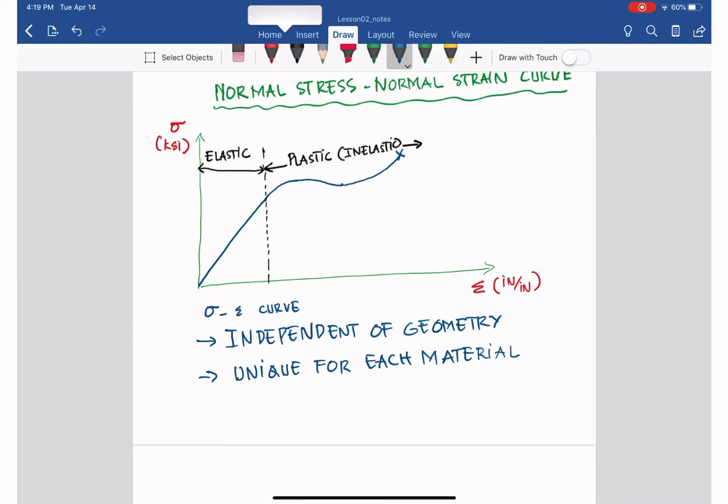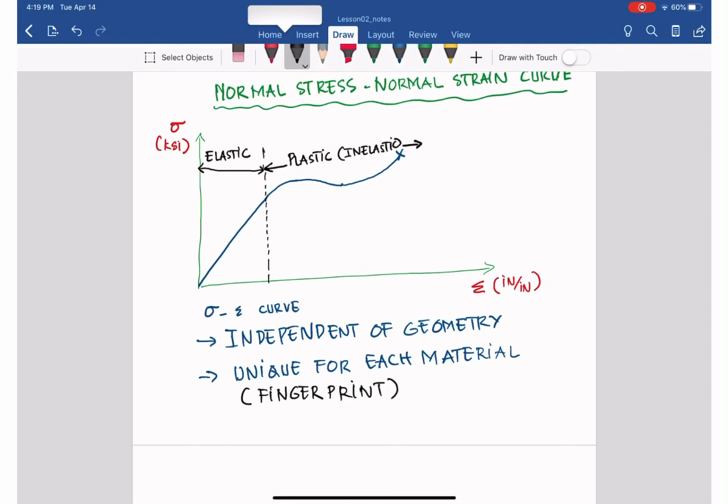My fingerprint is unique, and your fingerprint is unique. It's the same for the sigma and epsilon curve: it's unique for a material. So we can consider it just like a fingerprint of the material. Basically, if we see the sigma and epsilon curve, we can interpret what that material is, from its fingerprint.